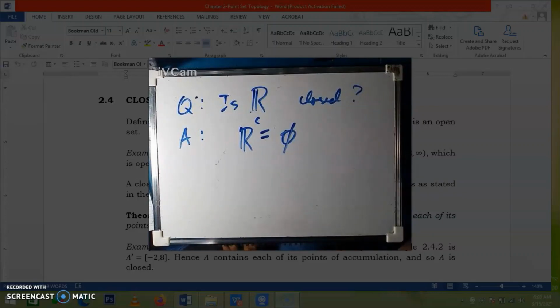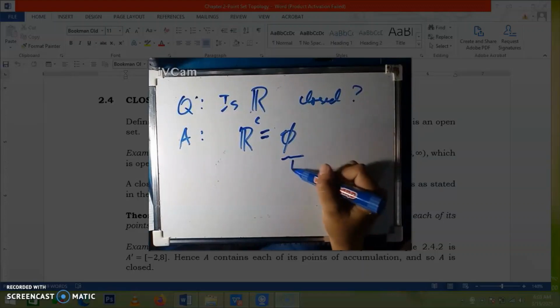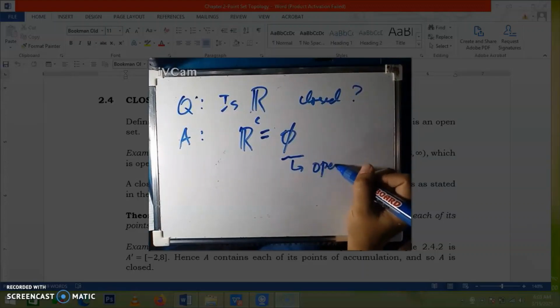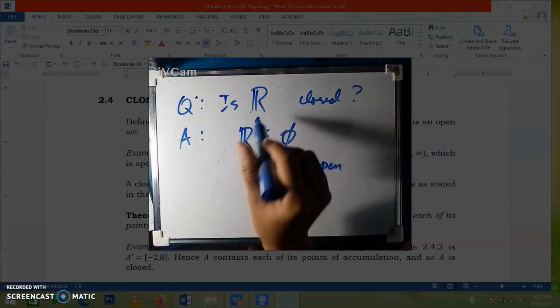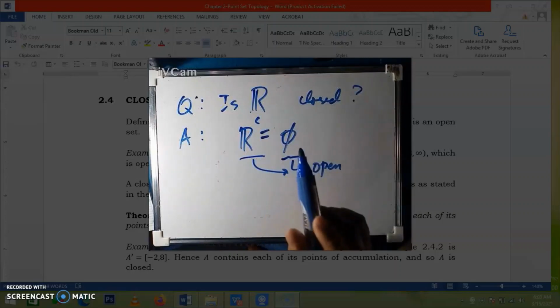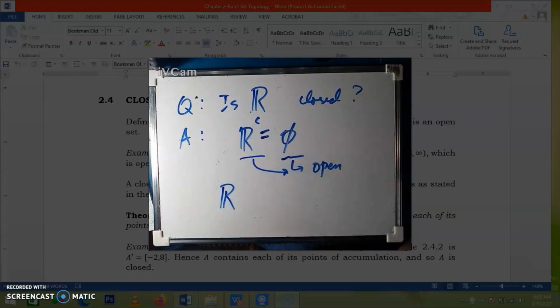And we have shown before, in our previous discussion about open set, that an empty set is an open set. It is vacuously true. There is nothing to argue that an empty set is an open set. So since the complement of R is open, by using the definition of closed set, we can say that R is also closed.